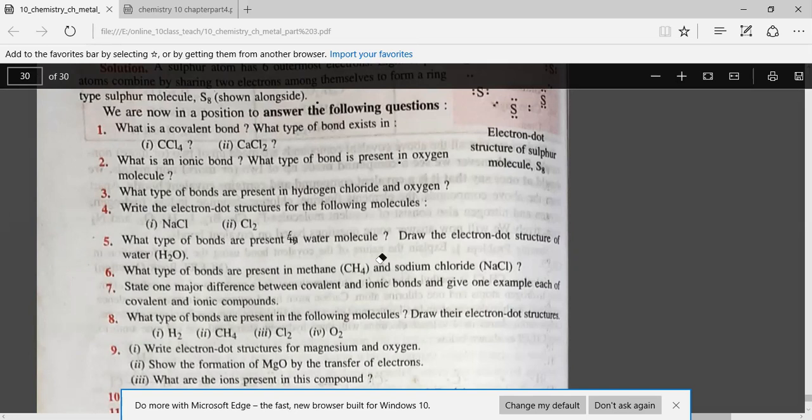The other difference is that the covalent bond is formed by the sharing of electrons, and the ionic bond is formed by the complete transfer of electrons between the atoms.